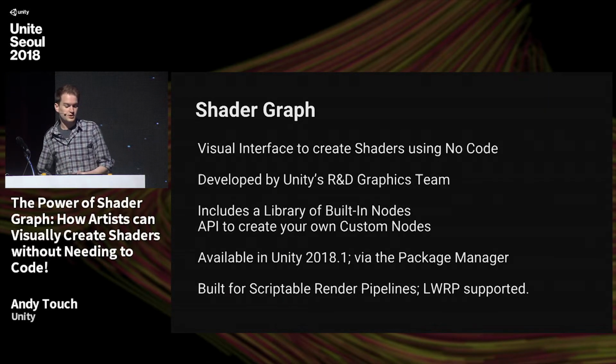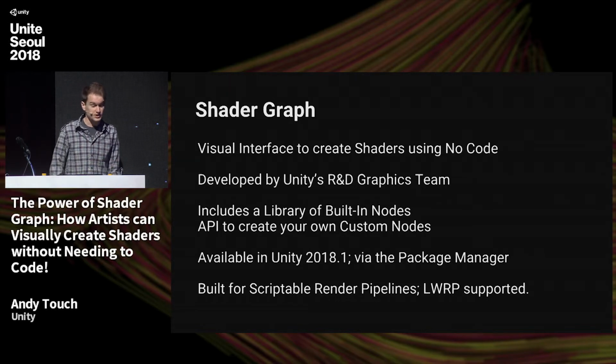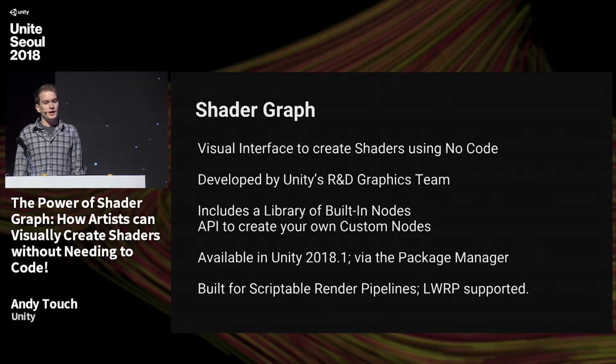So some quick information. It's a visual interface to create shaders using absolutely no code. It's developed by Unity's R&D graphics team, so it's actually created by us, first party in Unity. And it includes a library of built-in nodes.